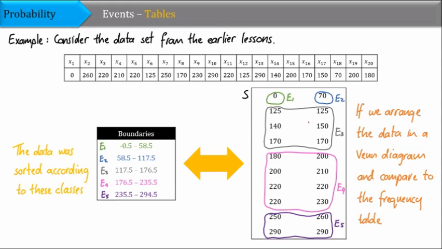Now please note that we never have duplicate values in a proper sample space. Here I have duplicates and triplicates. We never have this scenario with a proper sample space. We always just write down the element once. That's really, really important. Elements are only written down once in the sample space.